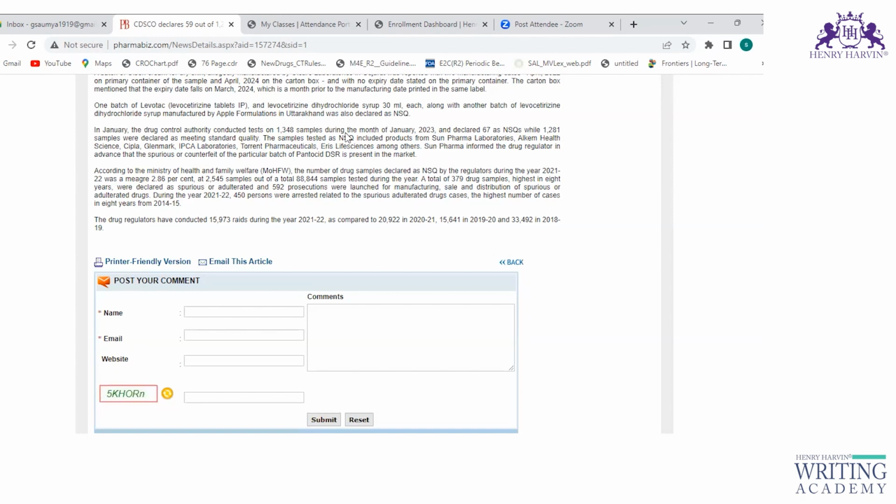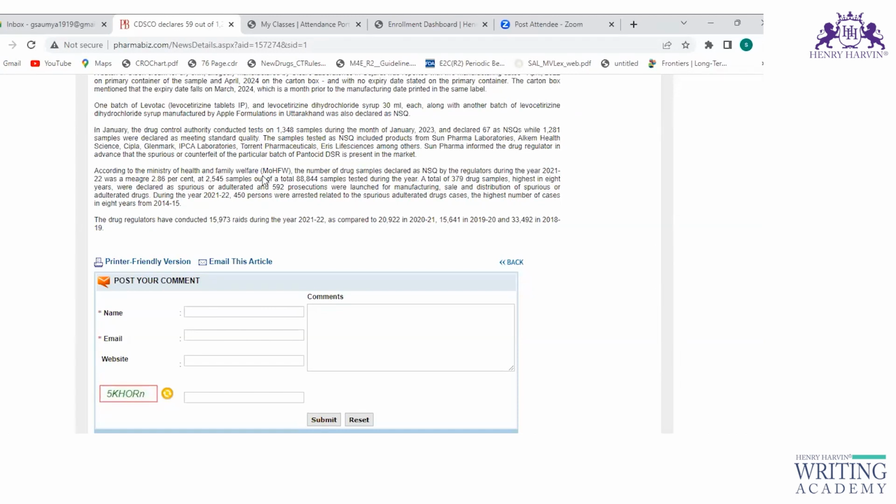So in the month of January, 67 drugs were declared as NSQs, and in February, 59 drugs were reported as NSQ, and these are manufactured by these companies.